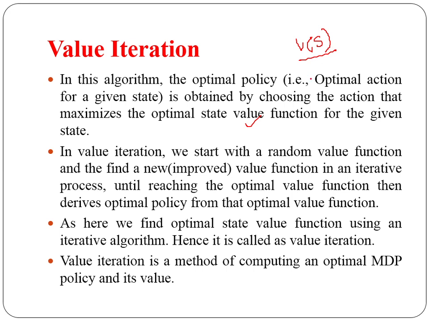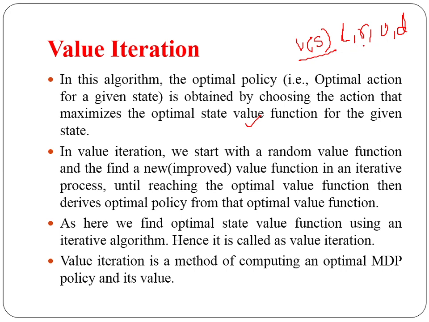If there are four actions, I have to calculate the value function for each of the actions. For example, for state S, if I perform the left direction, right direction, up direction, down direction, among these four what will be the maximum value?